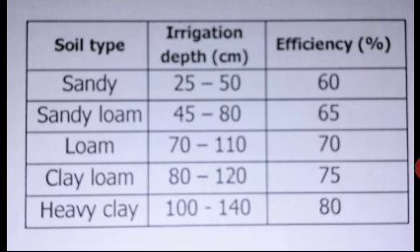If the soil type is sandy, the irrigation depth is 25 to 50 centimeter. Efficiency is 60%.